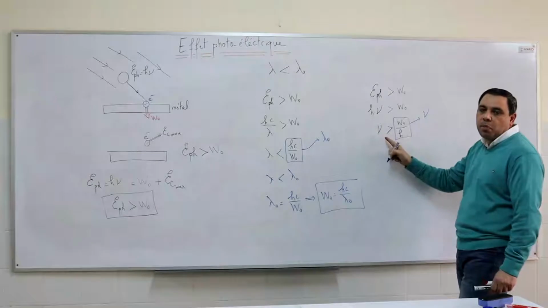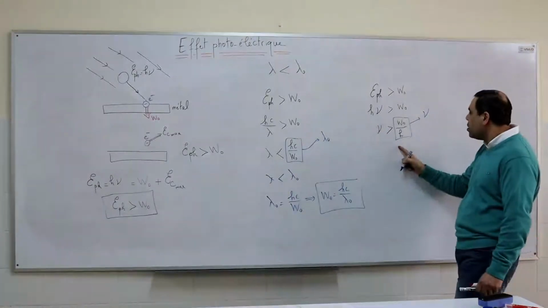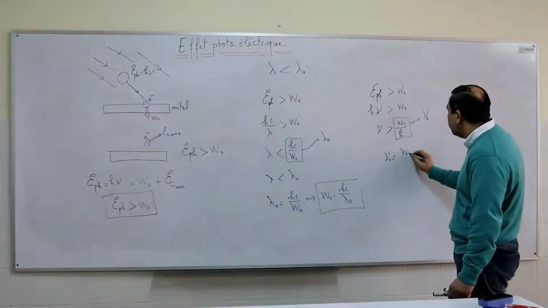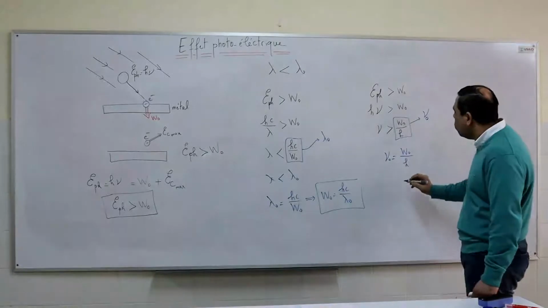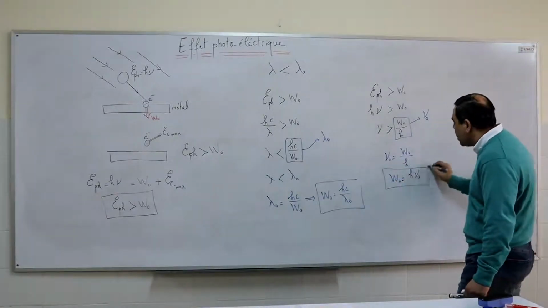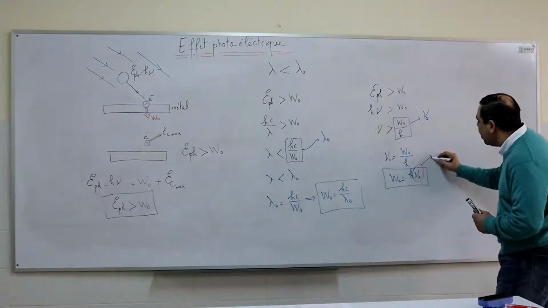So the frequency has to be greater than a certain value that has the dimensions of a frequency as well. So nu 0 equals W0 over h, or W0 equals h nu 0. Nu 0 is called the threshold frequency of the metal.